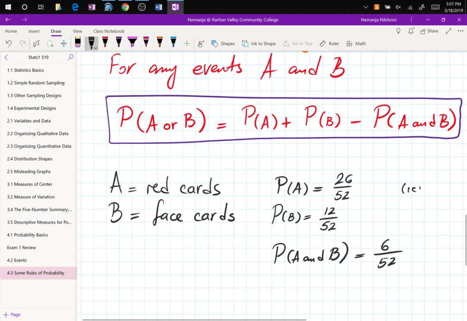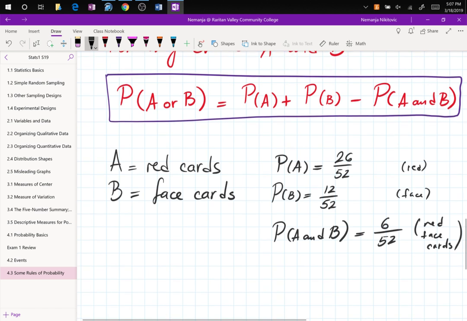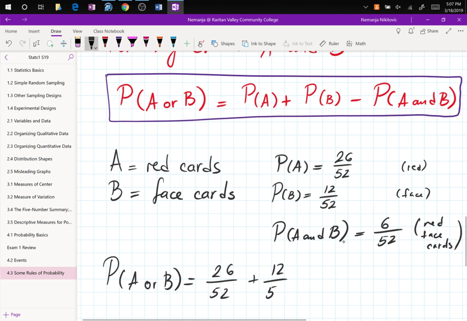So now the probability of A or B is 26 over 52 plus 12 over 52 minus 6 over 52, to remove the doubling up, which gives 32 over 52. What did I say? 33.